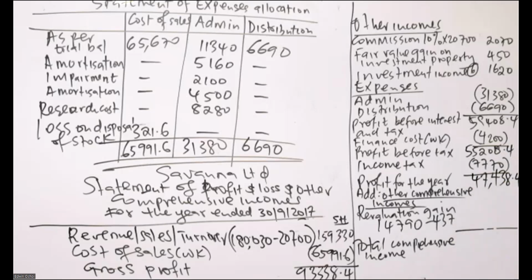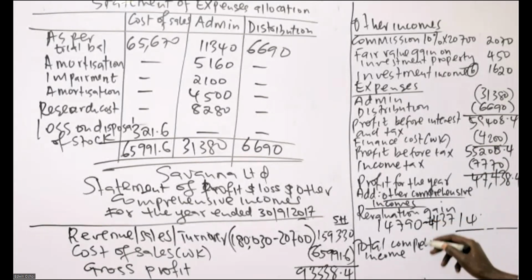And 14,790 minus 4437. This is the revaluation again.